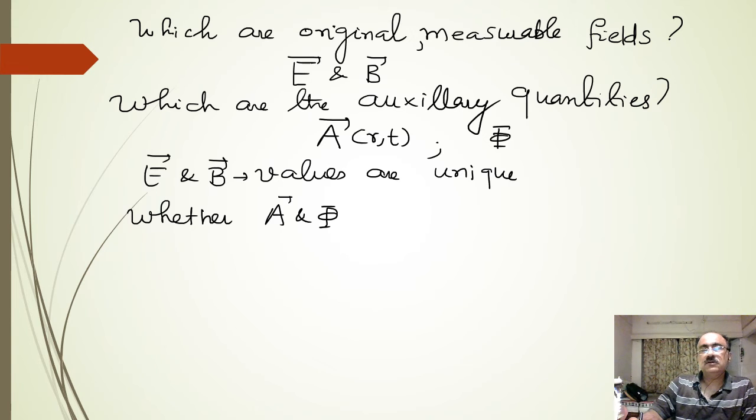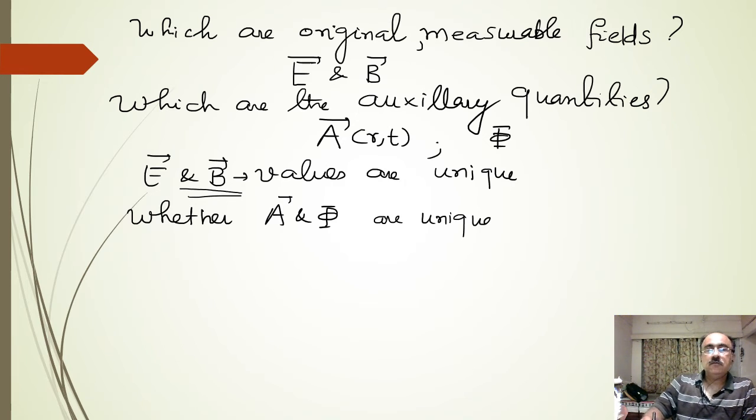It may be possible that for the initial set of potentials A and phi, this condition is not valid. Or even if it is valid, can we do further tailoring of these potentials? To check this, we will have to see whether A and phi are unique or we can change them. E and B are definitely unique, but A and phi we need to check.